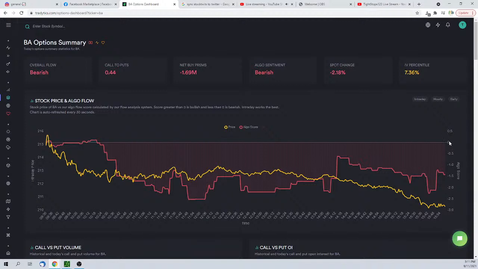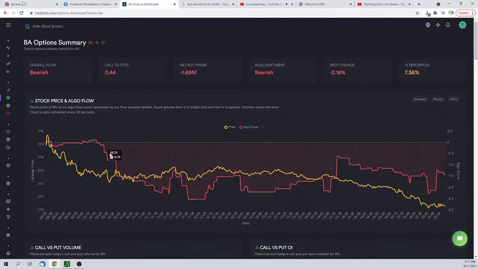For calls, you want to be above this 0 right here, and you want to really be above 1.0. And for puts, you want to be below negative 1.0 on the algo score for these to pan out. But as you can see, if you started playing this off the strat and got an early entry in the morning, and the price action keeps going down, your algo's not going up, you're pretty safe in this short.